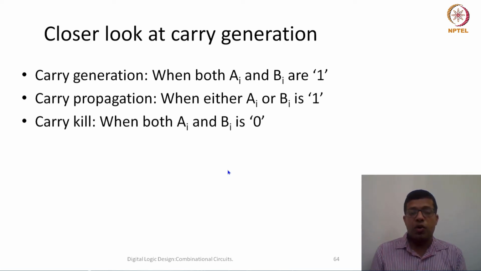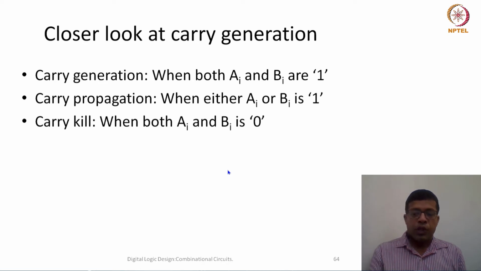The carry will not go to the next stage. So these three terms are very important to see how a carry is generated and how a carry is propagated. If we analyze these three pieces of information further, we can understand how to generate this carry in a faster manner.